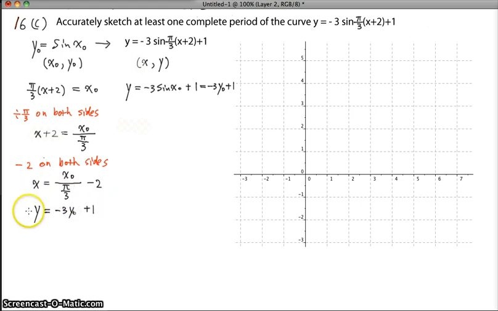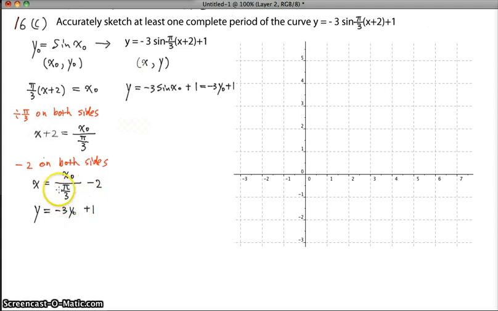Okay, if you look at this, you can tell that's the transformation done from the original y equals sine x into this. So we got the new x equals x0, the old one, divided by pi over 3, then minus 2.